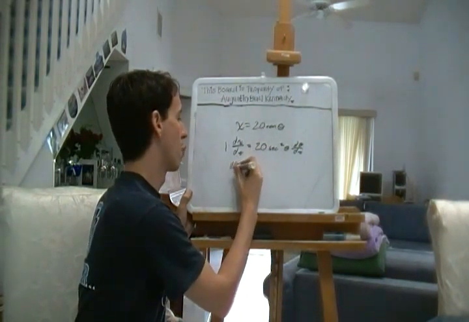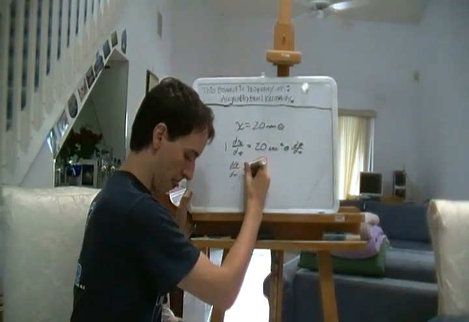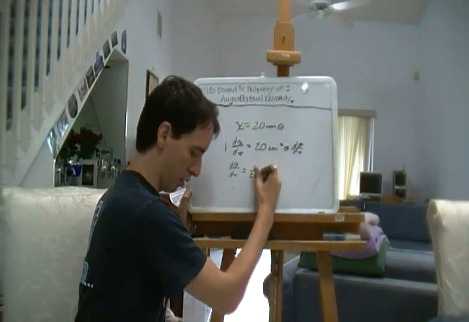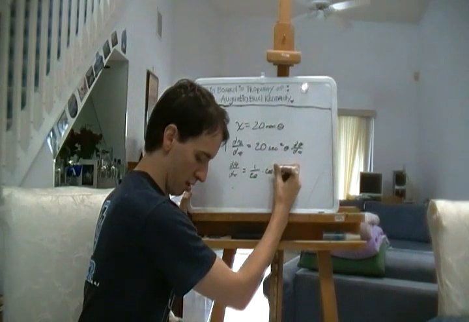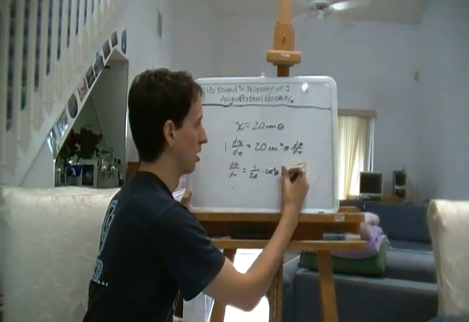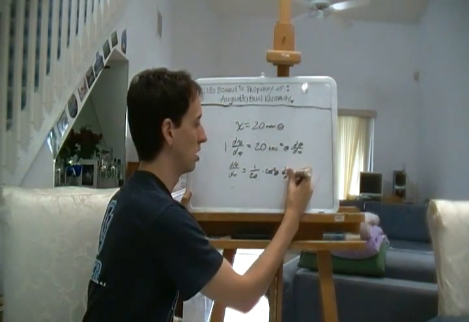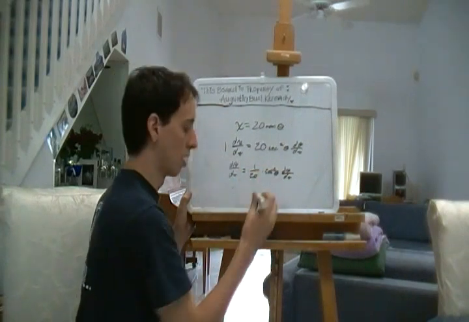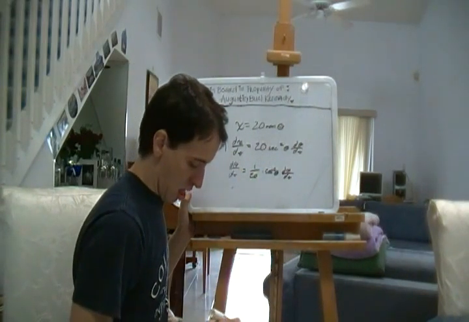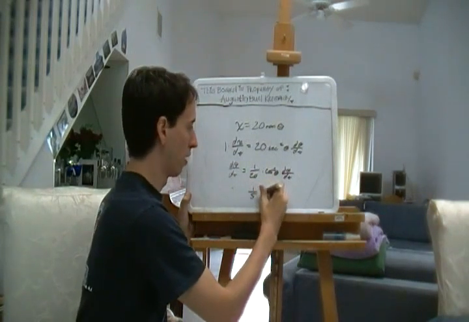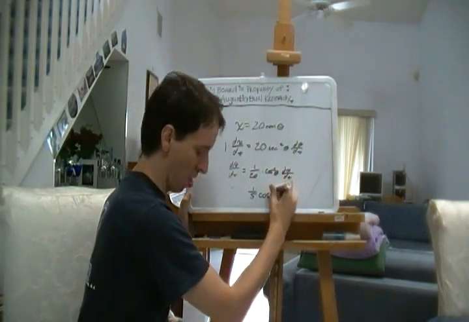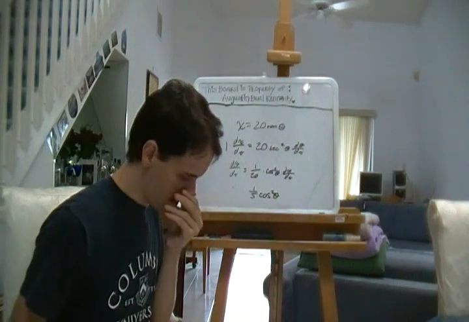So d theta/dt, we'll just get to the shortcut here, is 1/20th times cosine squared theta times dx/dt, or 1/5 cosine squared theta.